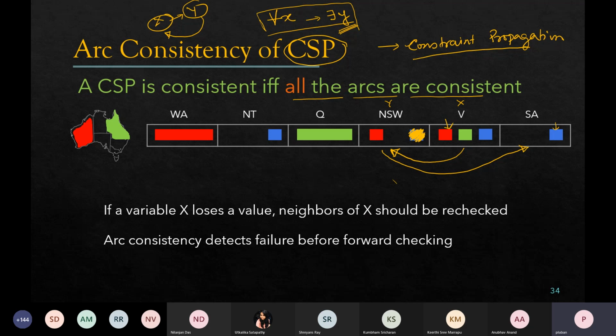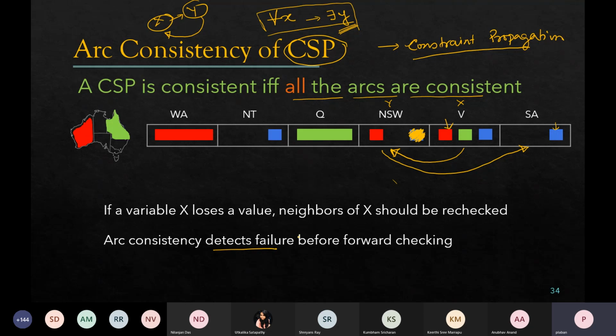That idea is really powerful, and you'll see in the demo that with arc consistency we will reach the solution much earlier than forward checking, right? Basically, whenever our variable X loses a value, we have to check the neighbors' edges, right? And of course, if you do that, arc consistency will detect failure before forward checking.